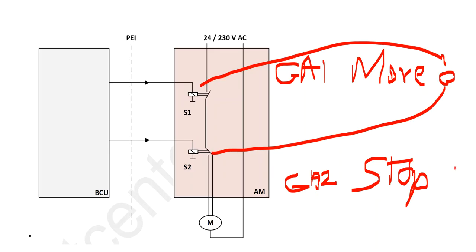Also, this group address for the blind actuator is used for step movement. As I said, your motor should also support step. This is for step movement, so it can power up the shutter motor or blind motor for a second.